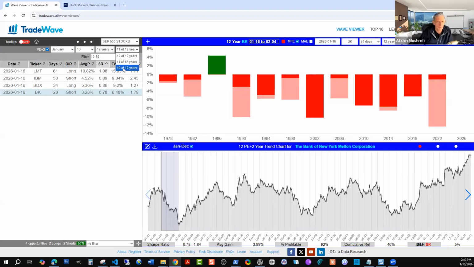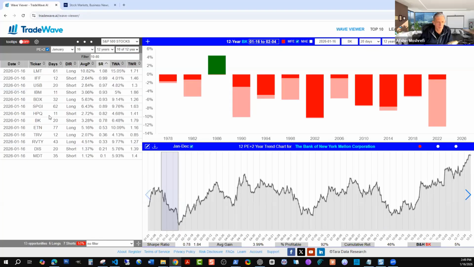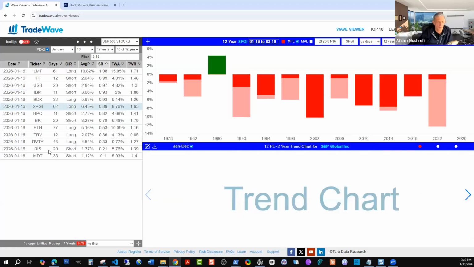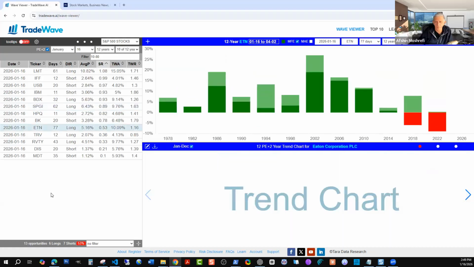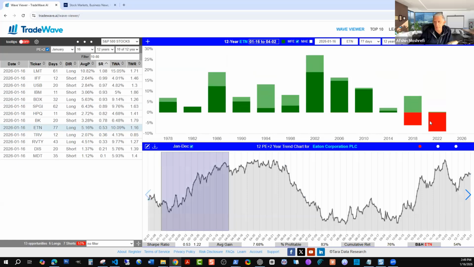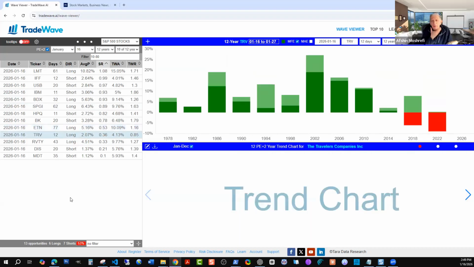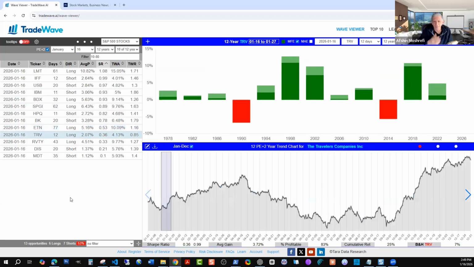I can also look at 10 of 12 years, and then I get a bigger list. Eaton. 2 years of downs, but the rest is up. Travelers. Yeah, these aren't as interesting.